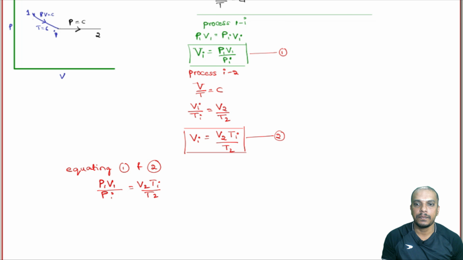Let me simplify this further: P1 V1 by Ti is equal to Pi V2 by T2. Now what is Ti? Temperature is constant between 1 and I, so this can be rewritten as T1.